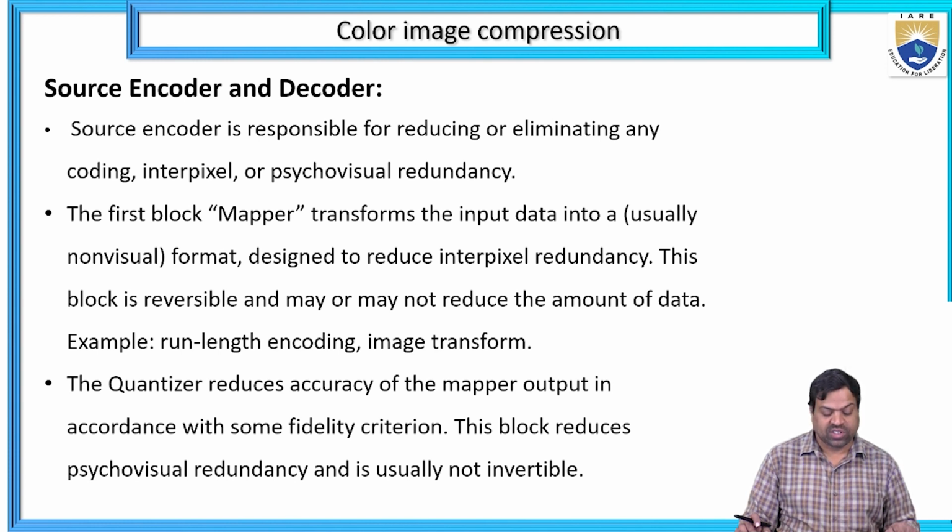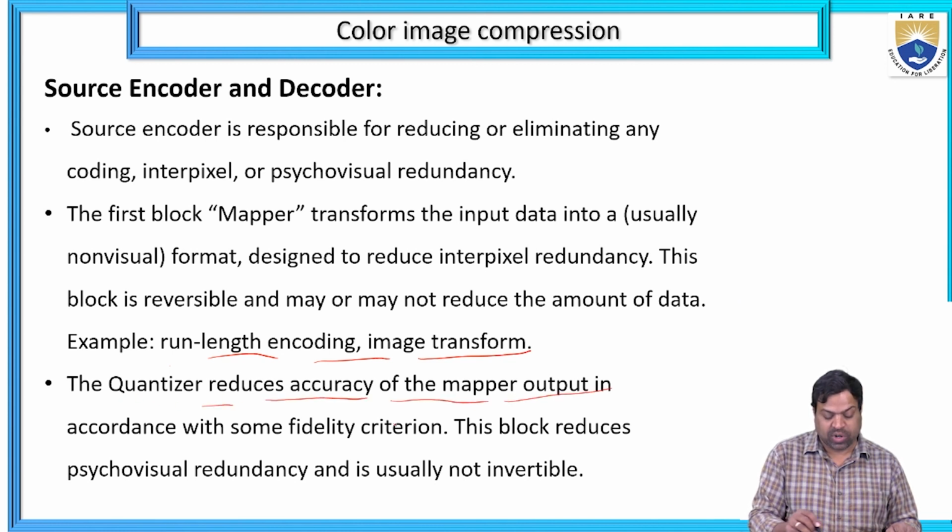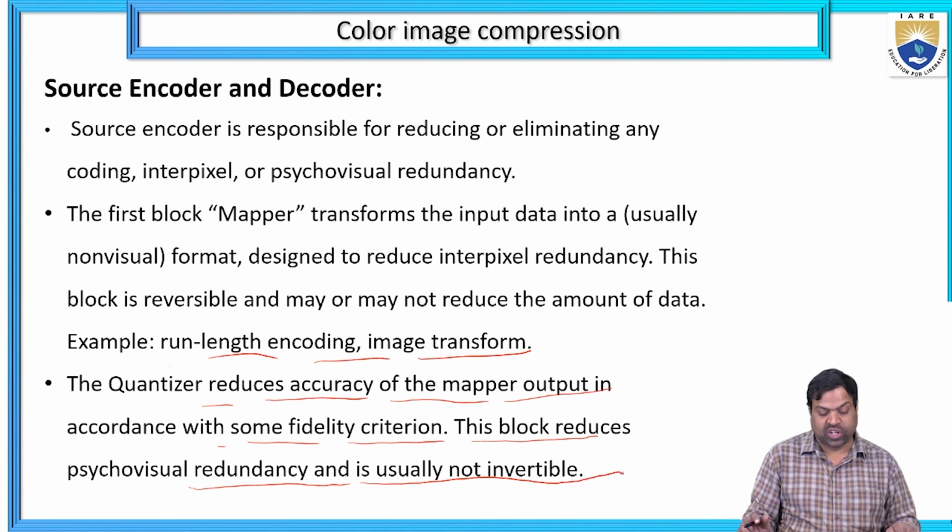This block is reversible and may or may not reduce the amount of data. Examples are run length encoding and image transformation. The quantizer reduces the accuracy of the mapper output according to some fidelity criteria. This block reduces psychovisual redundancy and is usually not invertible.